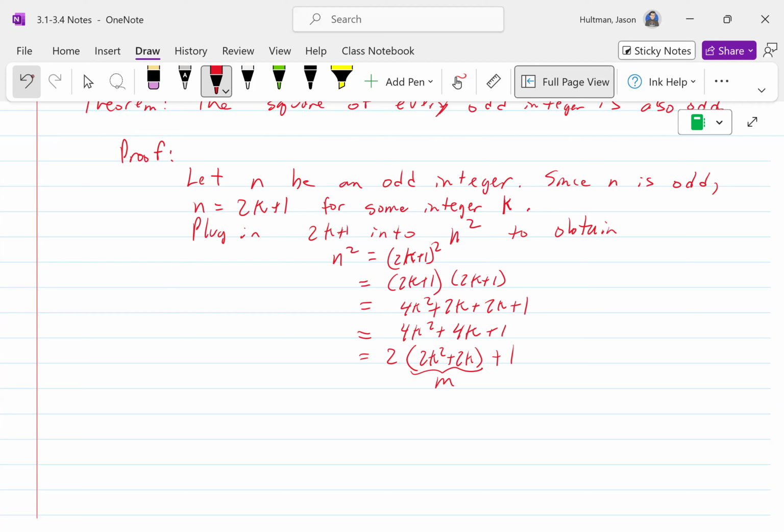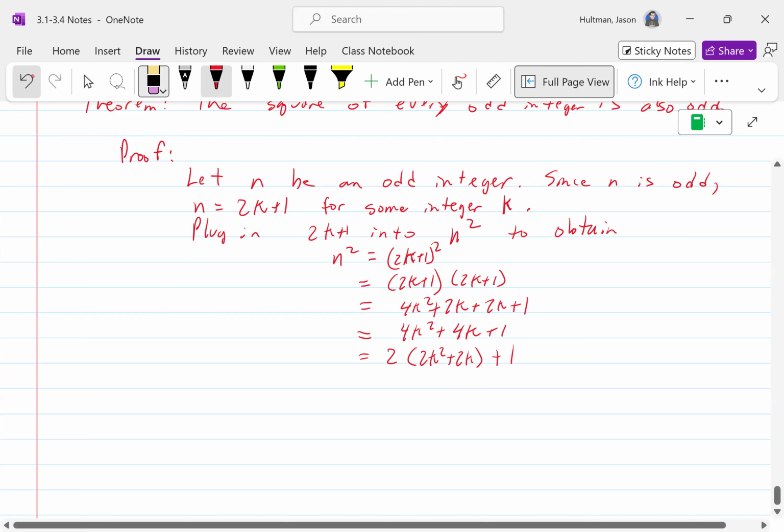It's in the form 2 times something plus 1, where m is an integer. So let m equal 2k squared plus 2k. Thus, n squared equals 2m plus 1, where m is an integer.